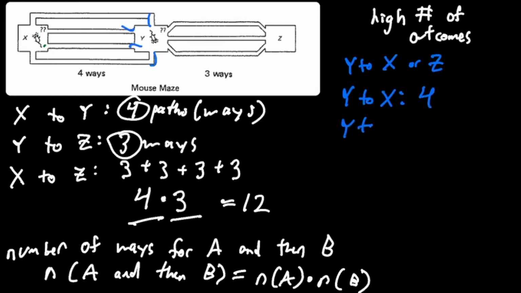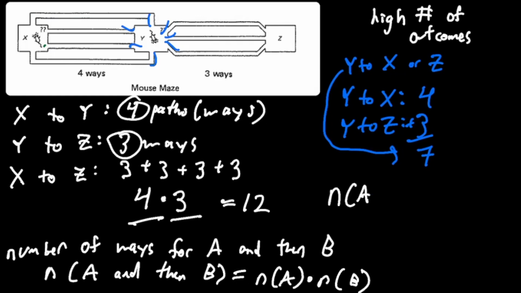From Y to Z, we have 3 different paths. So we can just add up all of our paths and get 7. So from Y to X or Z, we have 7. And here we run into the situation where if we are looking for the number of ways to get to A or B, either A or B, we can just add up the number of ways to get to A and the number of ways to get to B.